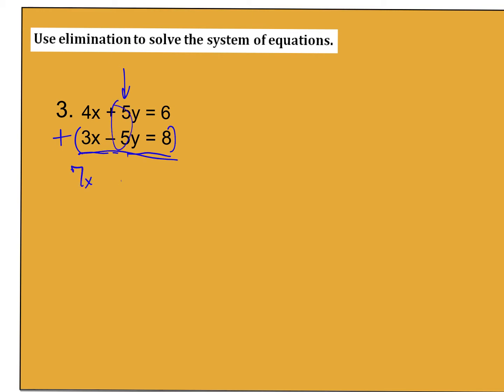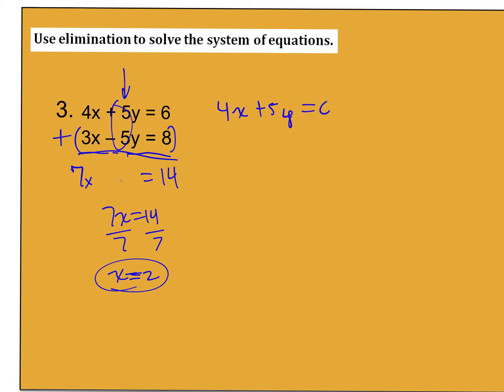This goes away, equals 14. So 7x equals 14, so divide by 7. So x equals 2.